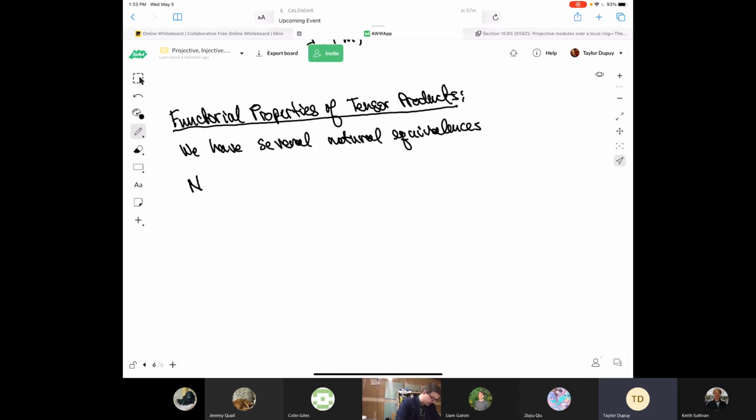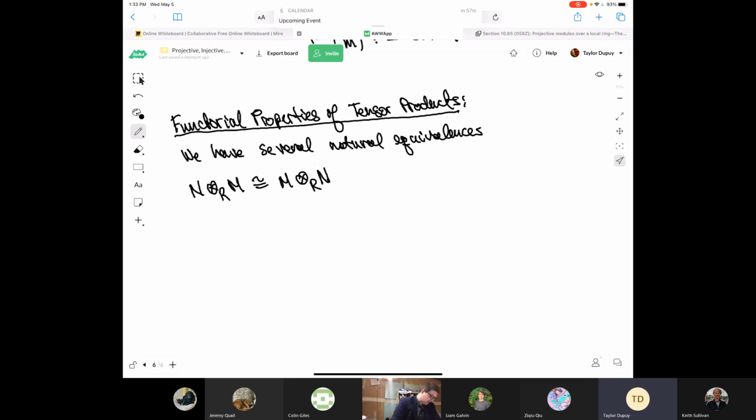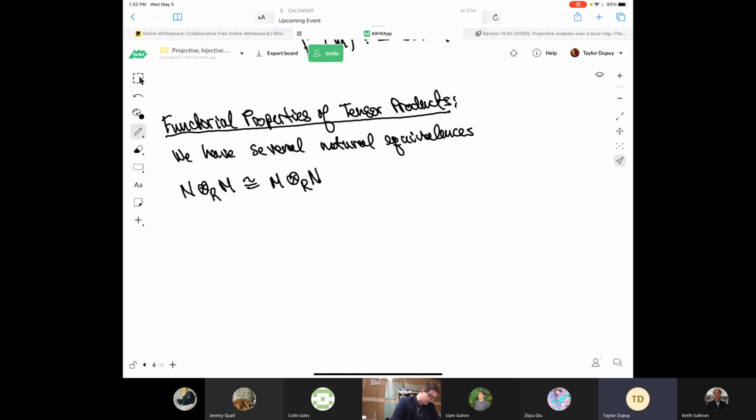So N tensor over R with M is isomorphic to M tensor over R with N. Let me say how these are functors. Let me write them all out, and then I'll say a little bit more about what I mean by functorial. So we have M tensor over R with N.